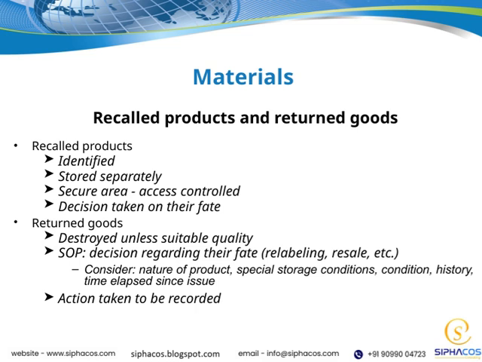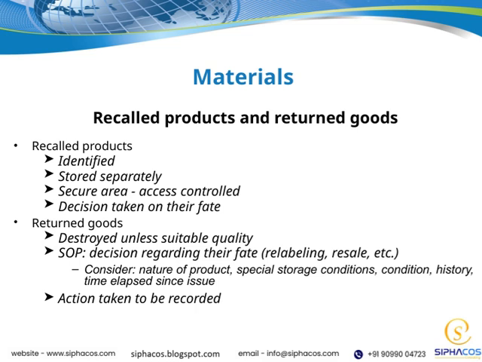For returned goods, we generally destroy them unless they meet certain quality standards that make resale or reuse possible. We follow a standard operating procedure, or SOP, to decide the fate of these products, such as relabeling or reselling them if appropriate.